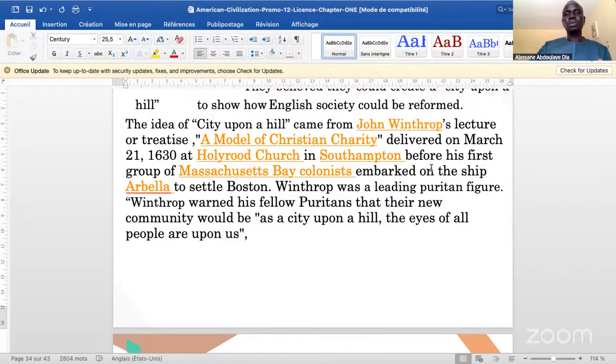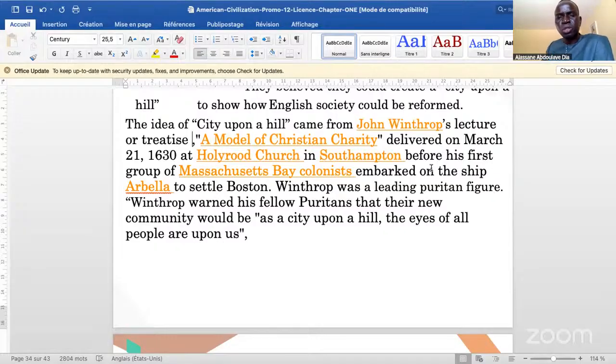In John Winthrop's lecture, A Model of Christian Charity, he delivered that lecture on March 21st, 1630. That was at Holyrood Church in Southampton, before his first group of Massachusetts Bay colonists embarked on the ship Arbella to settle Boston.